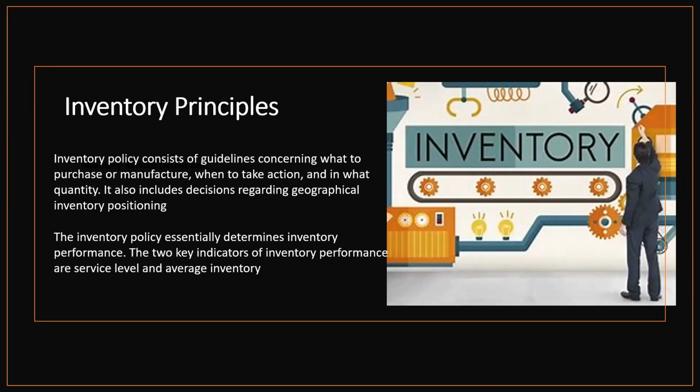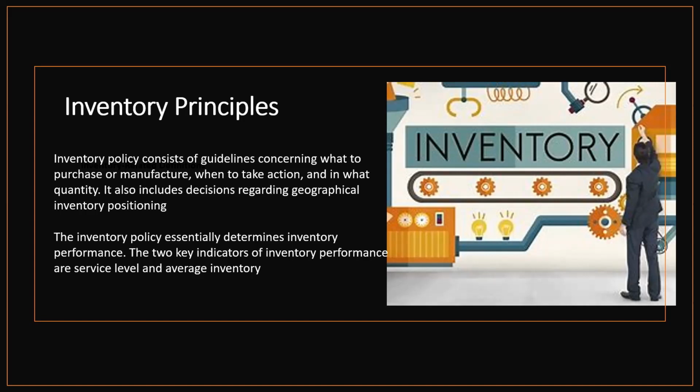And basically, there are two distinct indicators with which inventory performance is taken, and these include the service level performance and then average inventory. The service level is the performance target specified by management.